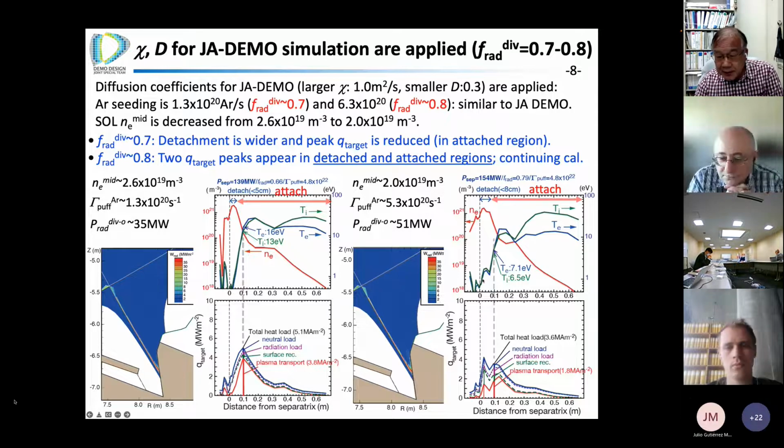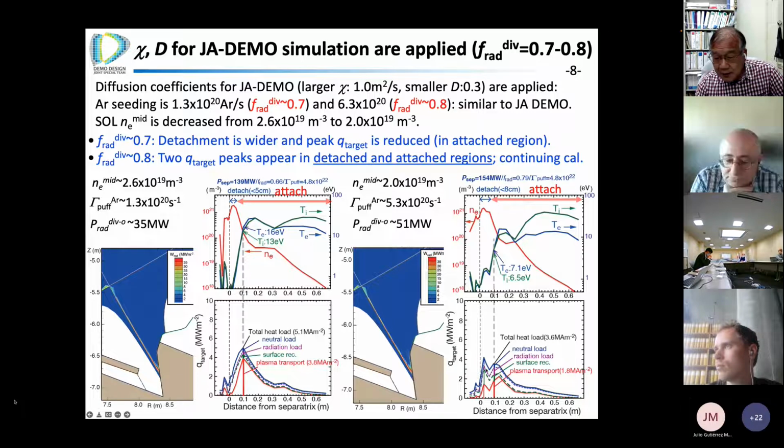So ionization still occurs. Therefore, volume recombination is not too large, and we can see that surface recombination is large, even as the plasma transport is reduced.